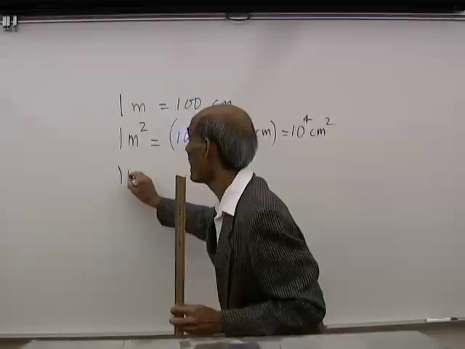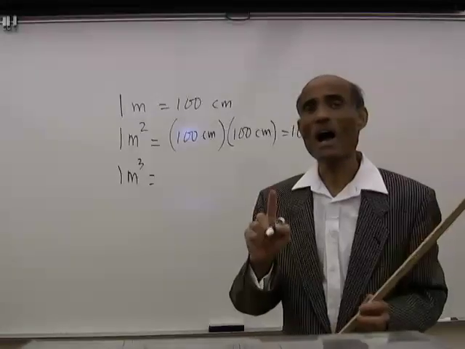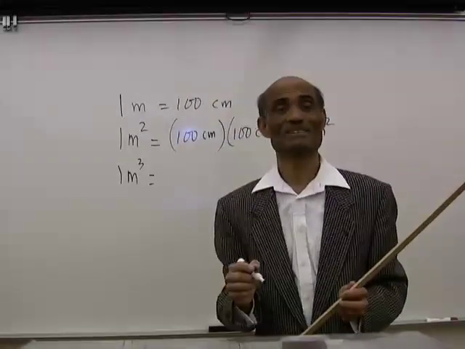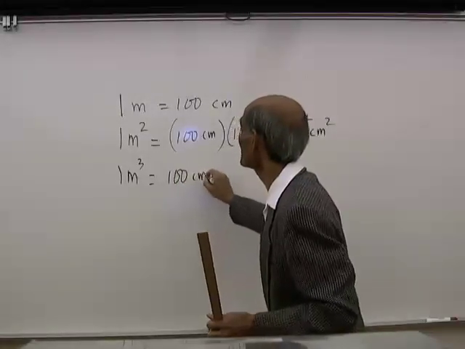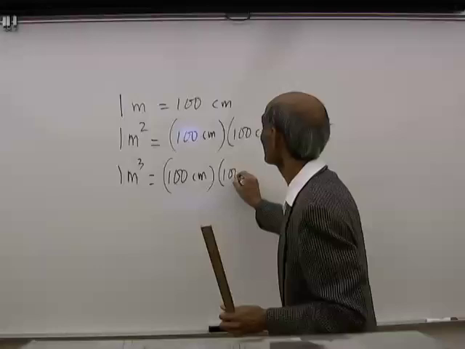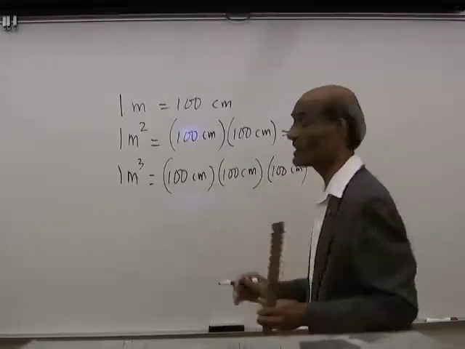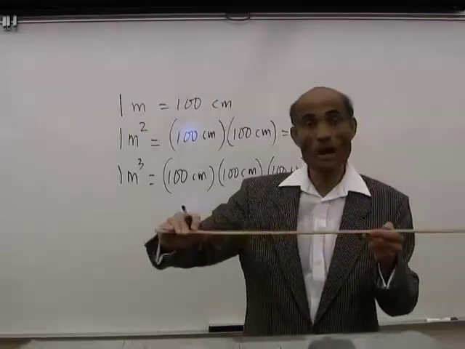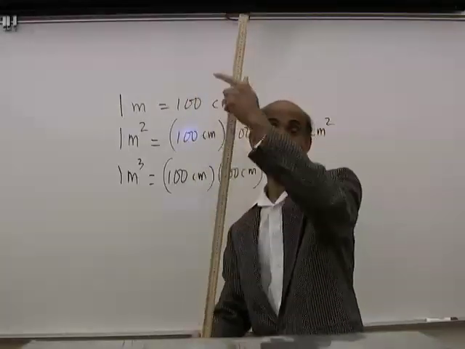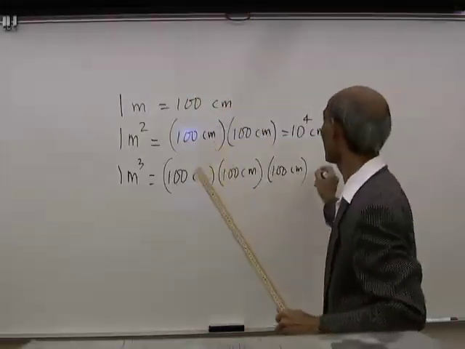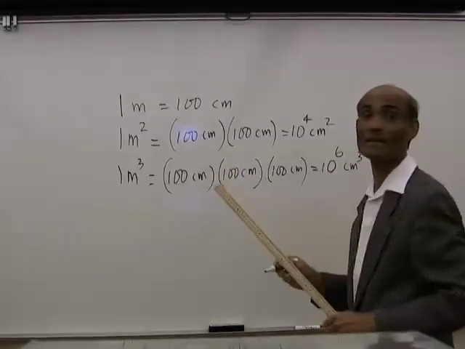Tell me then, 1 meter cube, 1 cubic meter contains how many centimeter cube? Well, that will be 100 centimeter times 100 centimeter times 100 centimeter. Is that right? 1 meter cube is 1 meter multiplied by 1 meter multiplied by 1 meter, and that will be 10 to the power 6 cubic centimeter.